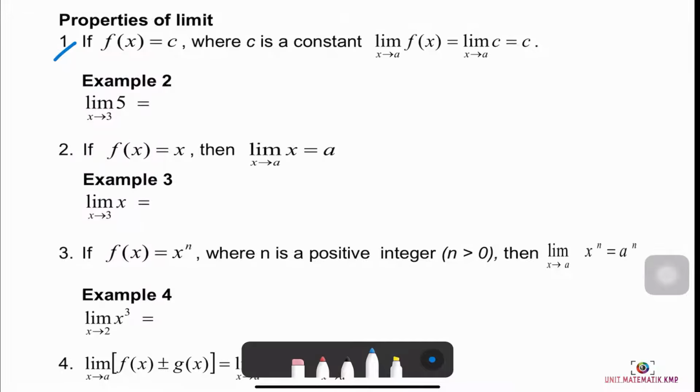So example 2 here, limit 5 when x approaches 3. Since 5 is a constant, therefore the limit is 5.